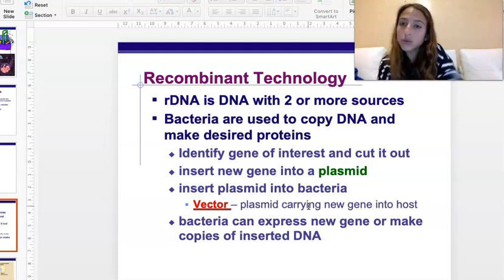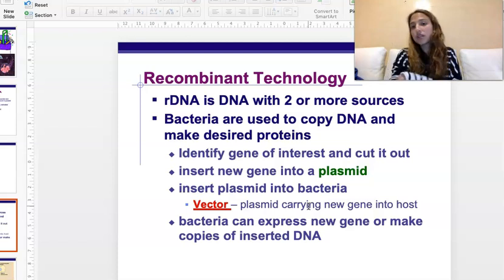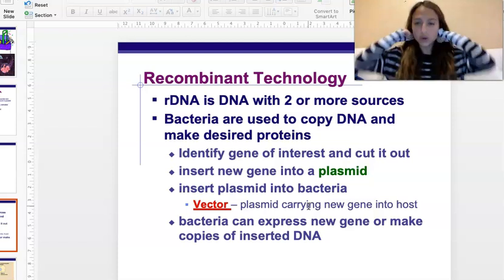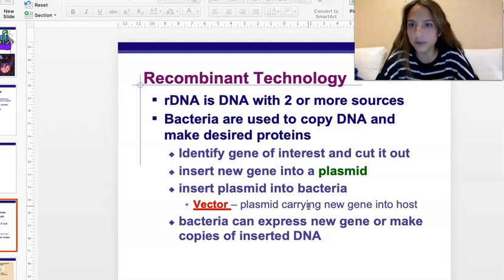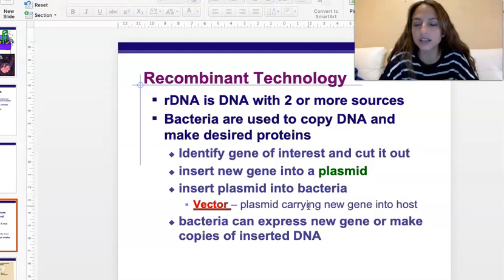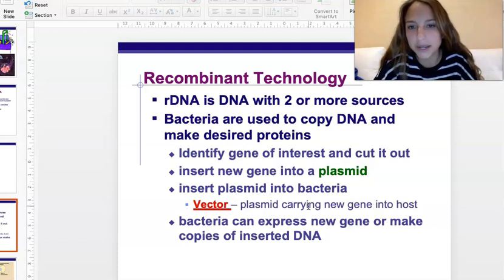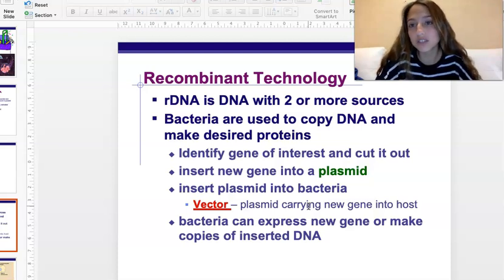Usually you can insert just the plasmid directly, or sometimes you can use hosts that are almost like inactive viruses, taking in this plasmid, this piece of DNA, and injecting it into the bacteria. Once you inject this plasmid into that bacteria, the bacteria can then transcribe and translate that plasmid, expressing the gene of interest.